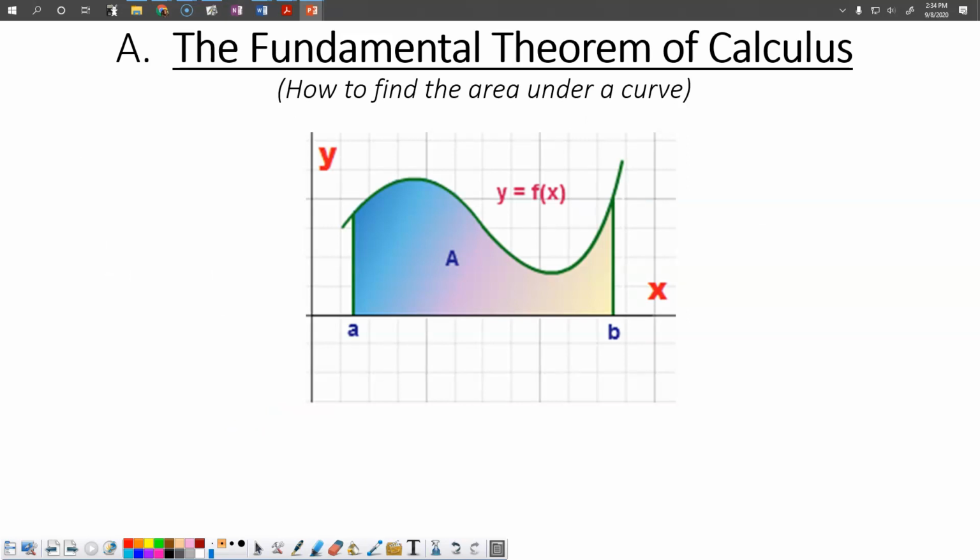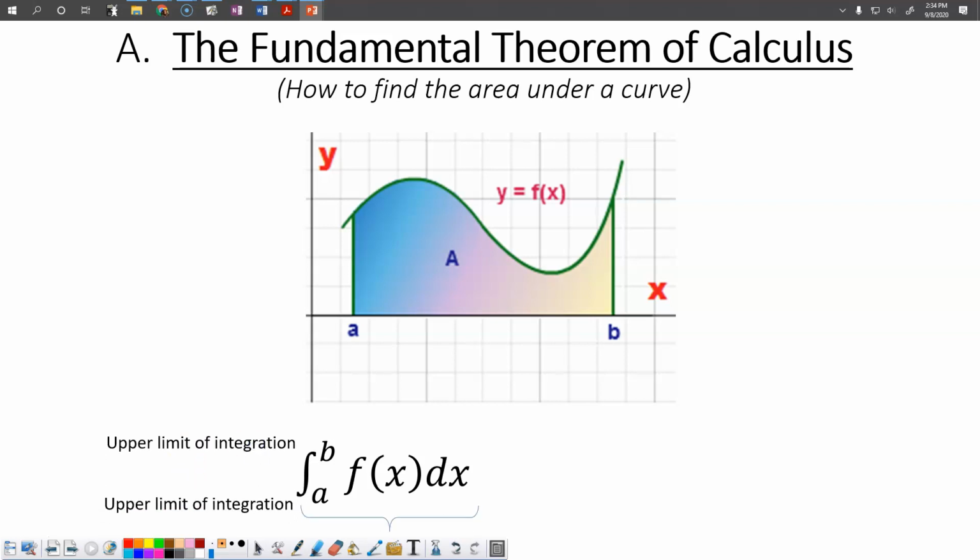I think we've talked about it before. So basically, if you have a curve represented by the green line there, f of x, and I want to find the area between that curve and the x-axis from x equals a to x equals b, we can do the fundamental theorem of calculus, which means we're going to integrate this function, and we're going to plug in the upper and lower limits of integration.